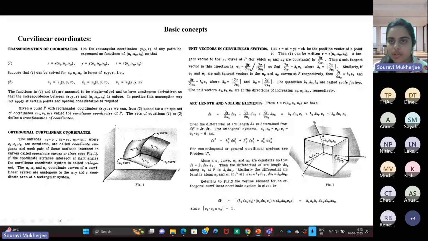Suppose your r is given as x i cap plus y j cap plus z k cap, and r can also be a function of u1, u2, u3, because all of x, y, z can be functions of u1, u2, u3. What you want to do now is draw a tangent vector to the u1 curve at P.